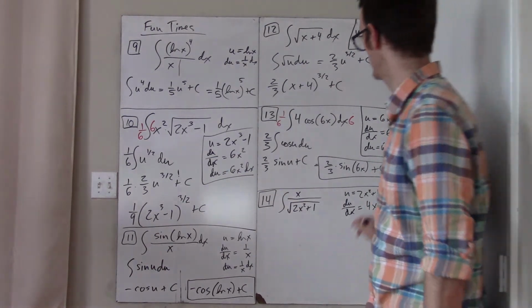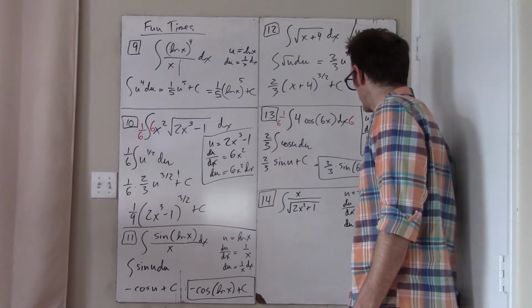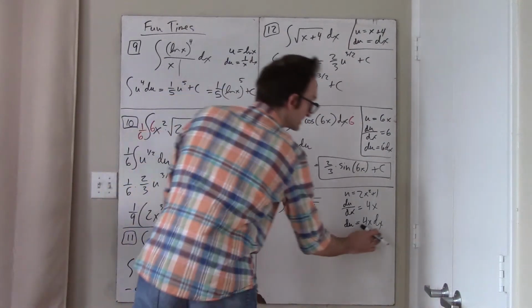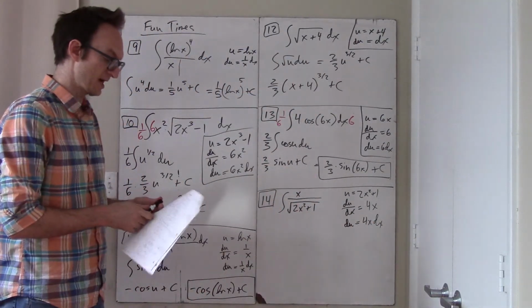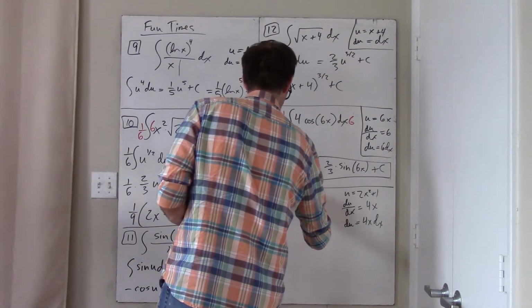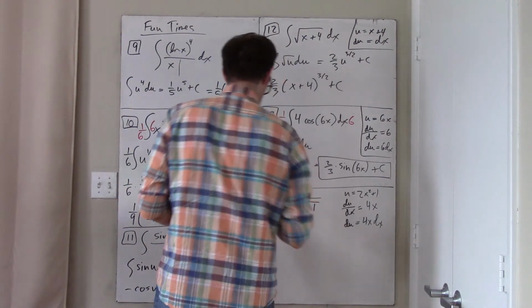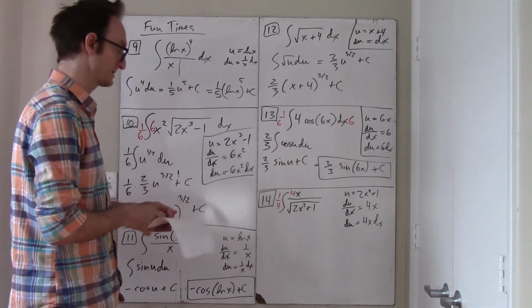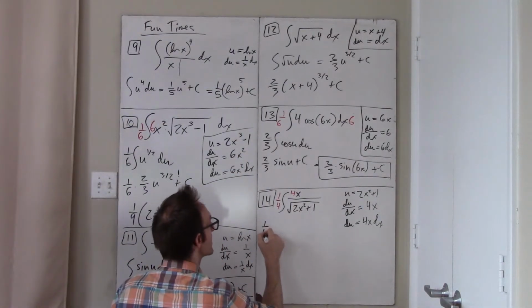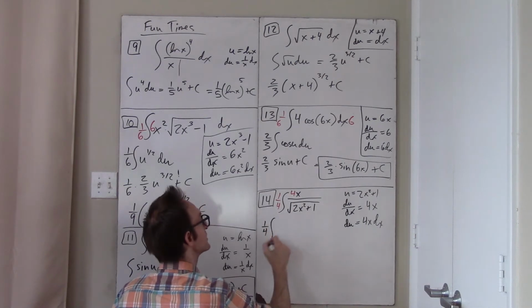So du is 4x dx. That's more or less what I have just sitting there, except for the 4. So I put in a 4, undo the damage with a 1/4, and thus this problem reduces to 1/4 antiderivative.